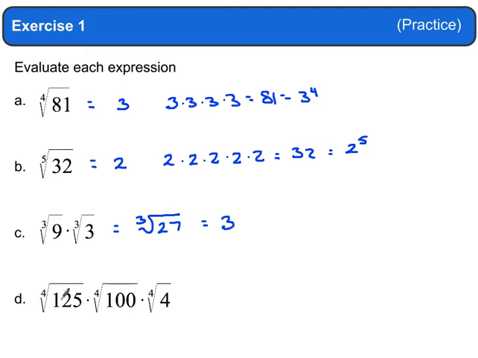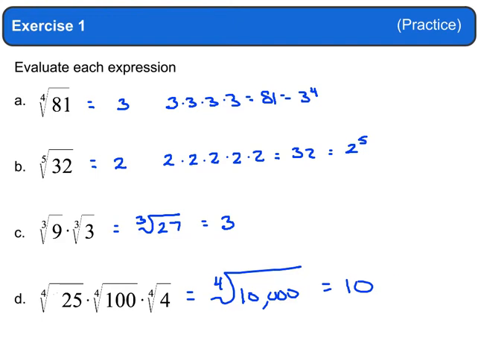It's not 125, it's 25. There we go. The fourth root of 25 times 100 times 4, that ends up being 10,000. So this is the fourth root of 10,000, and that ends up equaling 10. So that is exercise 1.